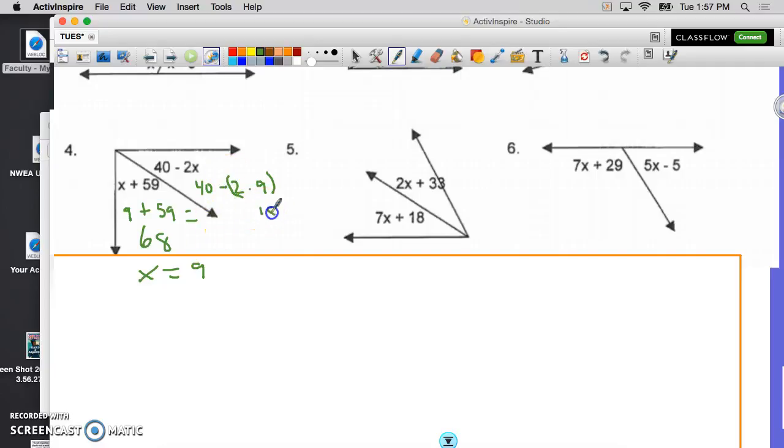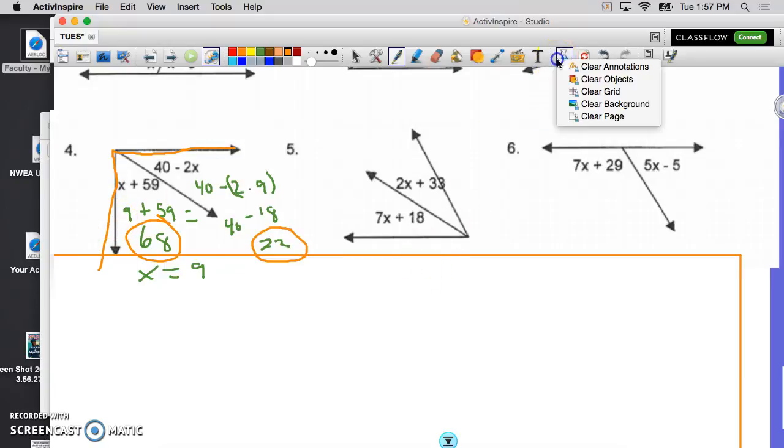So remember, that's 18, so 40 minus 18 is 22. Okay, so for my final answer, I have a 22 and a 68. Remember, adding these together, you should get 90. Let's see if that works. 90 it is, so I know number 4 is correct.